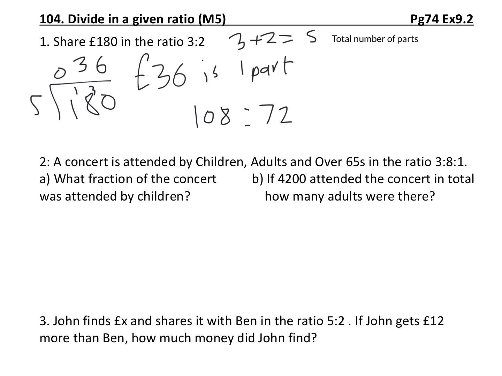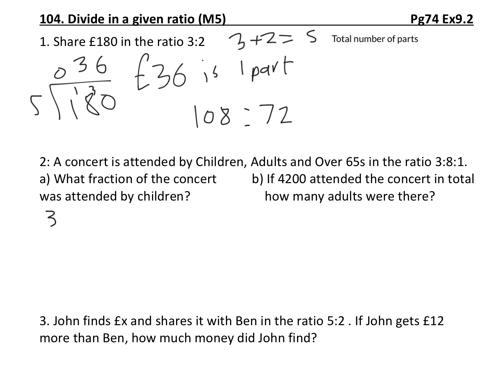Question 2. A concert is attended by children, adults, and over 65s in the ratio 3 to 8 to 1. We are asked what fraction of the concert was attended by children. Now, we're not sharing in a given ratio necessarily here, but we need to know how many parts are in this ratio, like the last question.